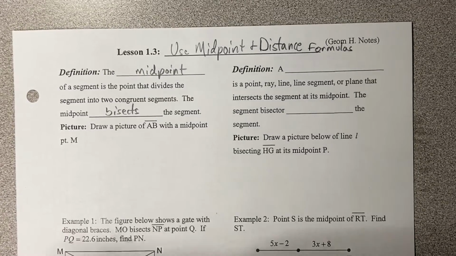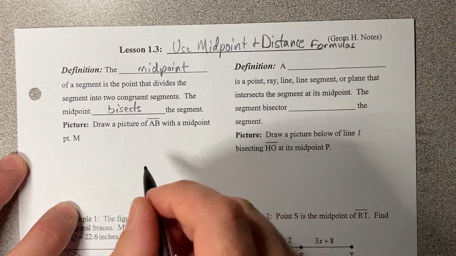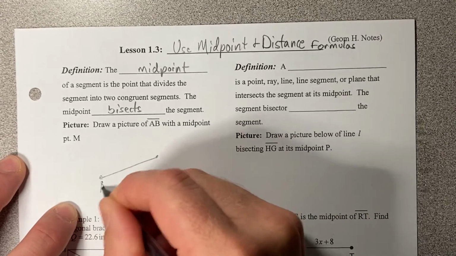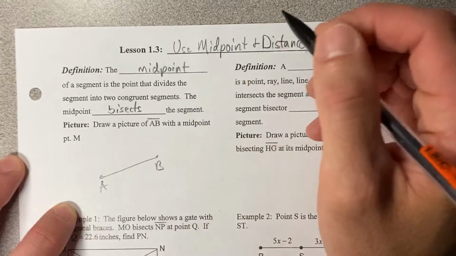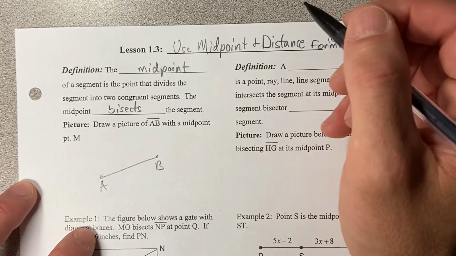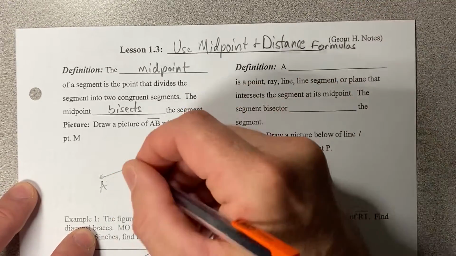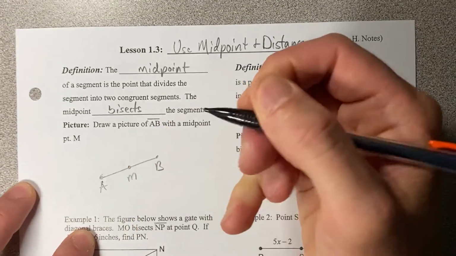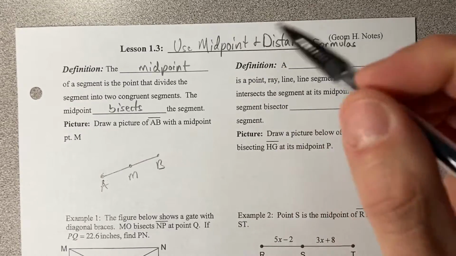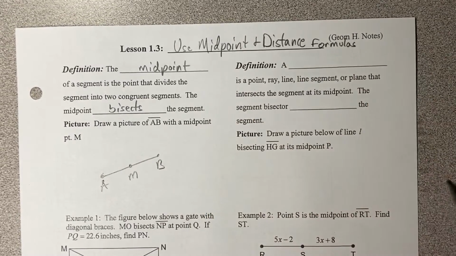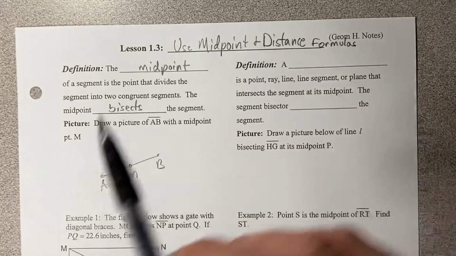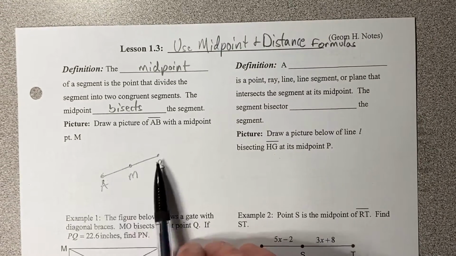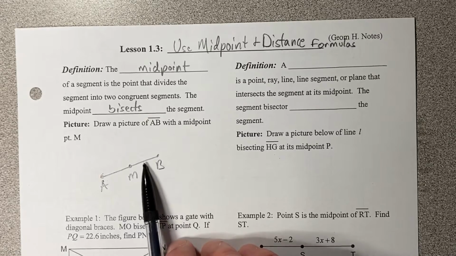To draw a picture of that, they want a picture of a segment AB. So we'll go ahead and knock that out, AB, and it's got a midpoint M. I'm just going to do the best I can to put it in the middle, but I want to be deliberate about it and say, hey, this midpoint bisects this whole segment, so this is the same as that.